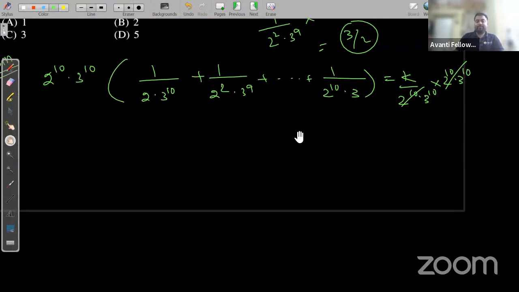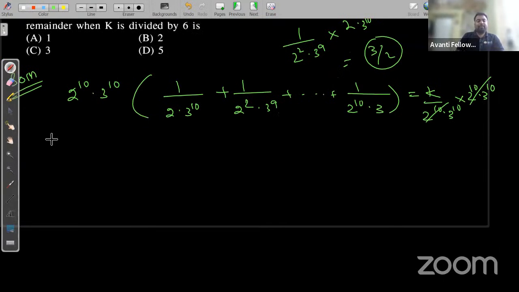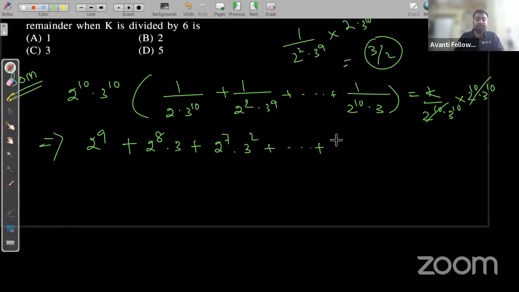So after multiplying 2 raised to 10 into 3 raised to 10 on both sides of the given series, I am getting 2 raised to 9 into 3 raised to 0, plus 2 raised to 8 into 3, plus, similarly, the third term 2 raised to 7 into 3 raised to 2, and so on up to the last term, which is 3 raised to 10 upon 3, that is 3 raised to 9. And finally on the right hand side I am getting k only.